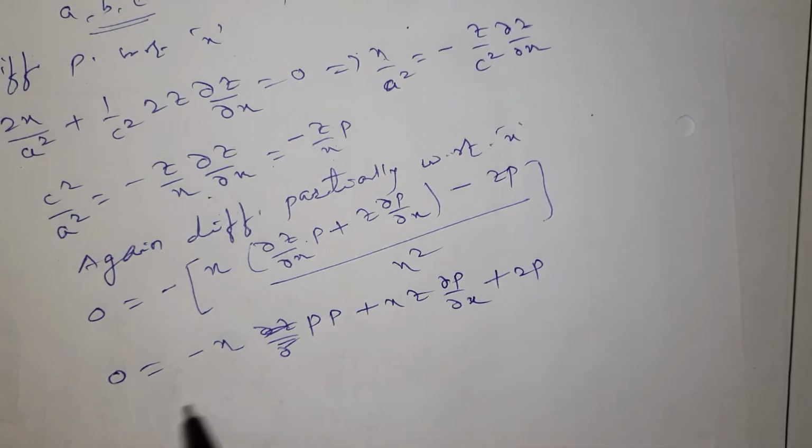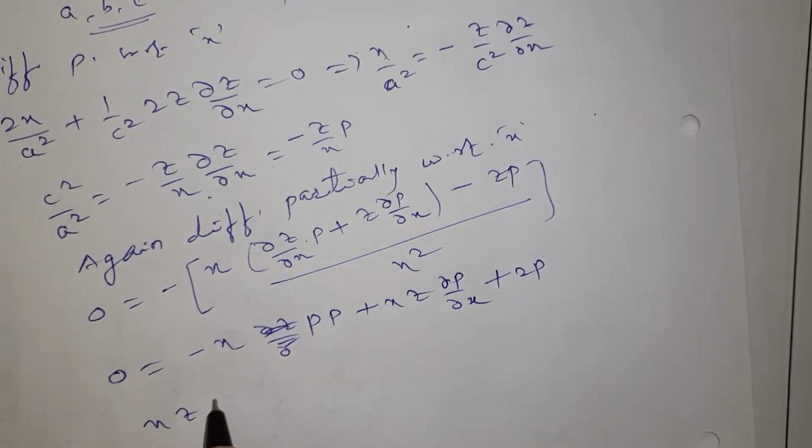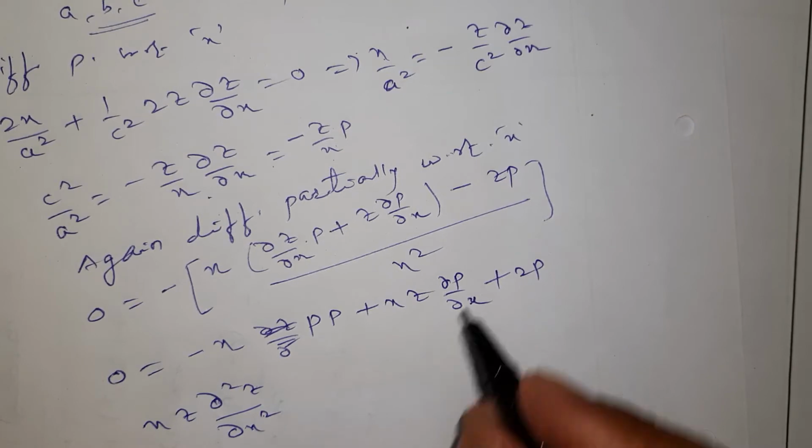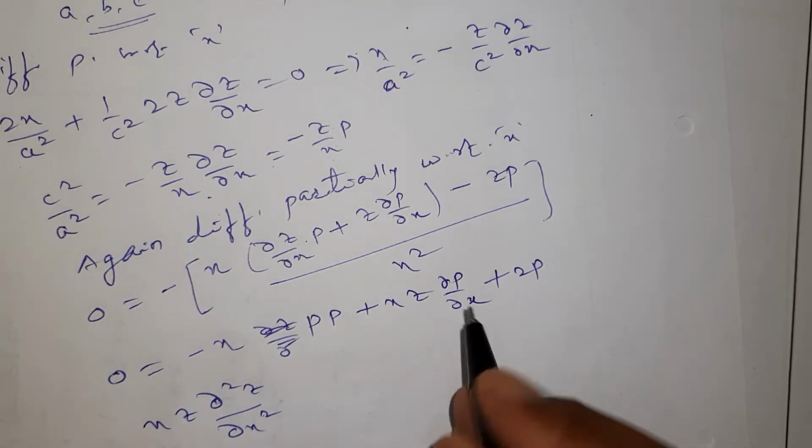What is my answer now? I get xz dou p by dou x, meaning dou 2z by dou x square, or you may write zp dou p by dou x, no problem.